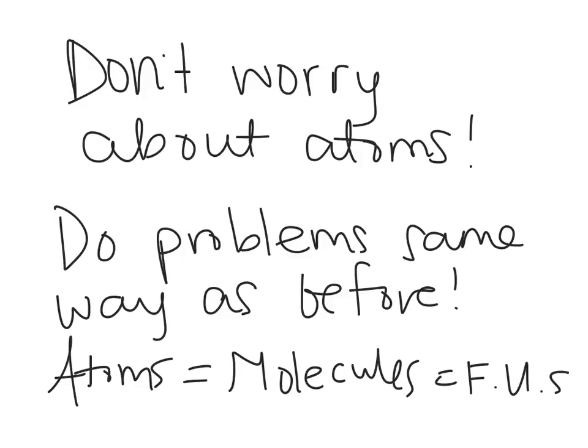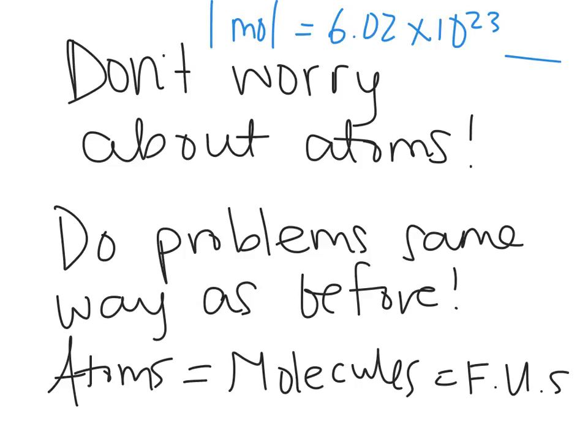Anytime you see the word atoms, molecules, or formula units, you use the conversion factor that 1 mole of anything is equal to 6.02 times 10 to the 23rd, whatever the unit may be. So don't freak out. I'm not going to do an example problem because you've done those already. So reference the video I sent off last class if you need to review how to do problems involving atoms.